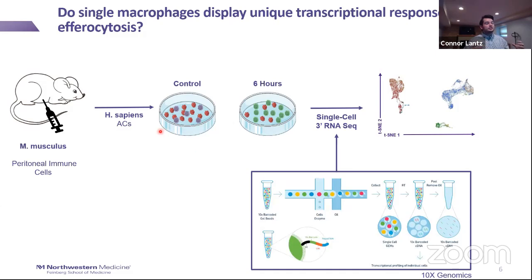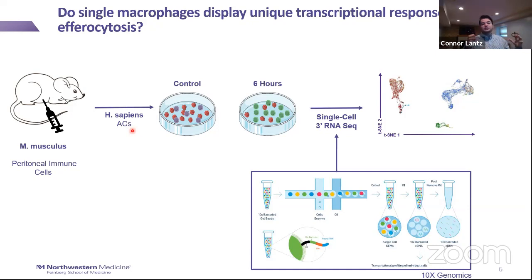For this experiment, I isolated peritoneal immune cells using a peritoneal lavage of mice and plated them ex vivo. And I performed an efferocytosis assay with apoptotic Jurkat cells, which are of human origin.